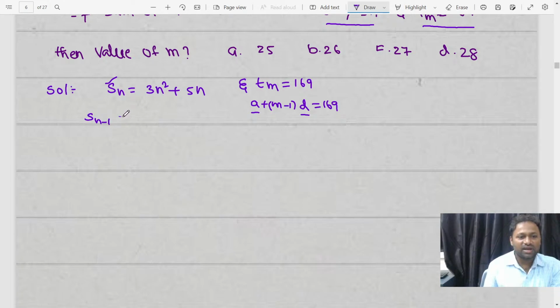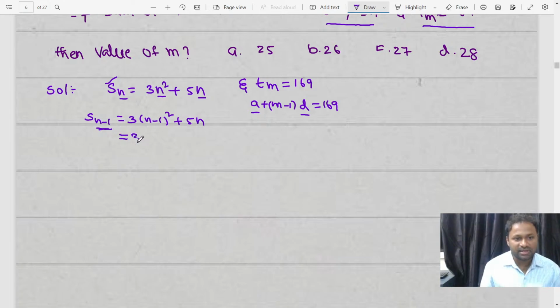Okay, how to find Sn minus 1? Instead of n, substitute n minus 1. So 3 into n minus 1 whole square plus 5 into n minus 1, instead of n, I have substituted n minus 1.